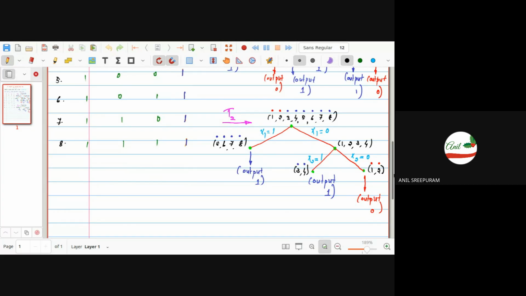For the same data, I am able to create different decision trees. This one has a height of 2 and the other has a height of 3. It is better to design decision trees with lesser height, otherwise there will be a situation of overfitting.